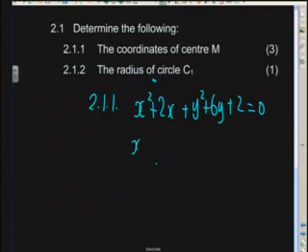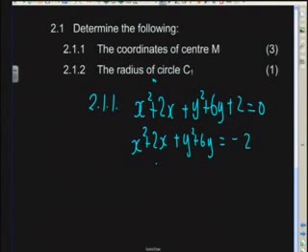You guys should be quite familiar with this, but I know some people still get a little bit confused, so we'll go through it in detail. First step, we need to take the 2 over to the right-hand side, so it's going to become minus 2. Then we need to complete the square with the x portion and the y portion of this expression.